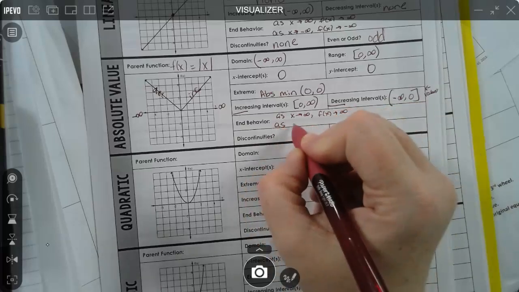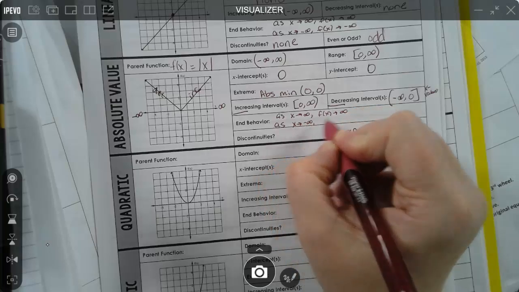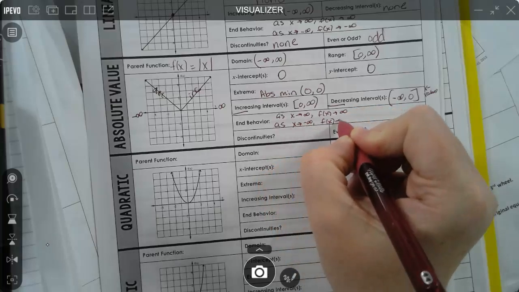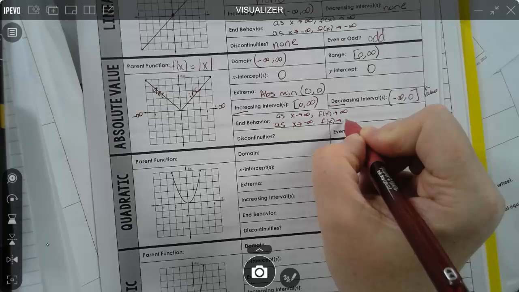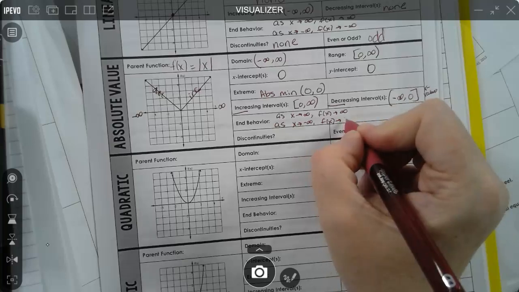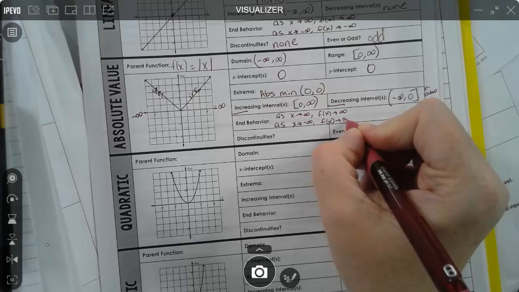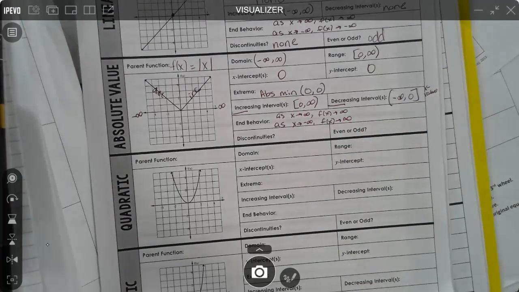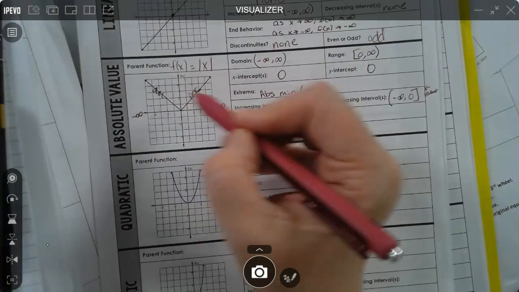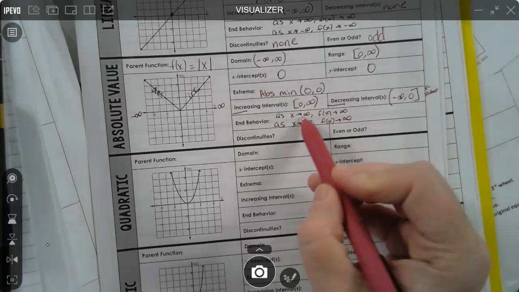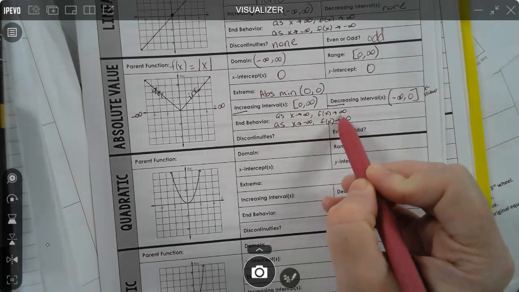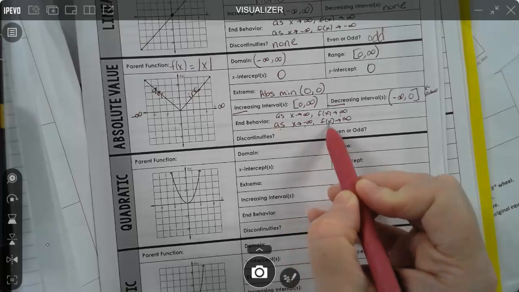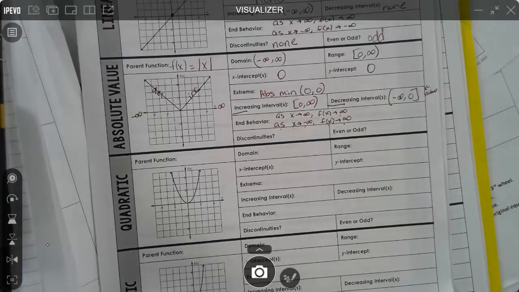As X approaches negative infinity, f of X approaches what? Oh, we said the same as the other, but it's not the same as the other. Both ends go up on this one, right? The left side goes up and the right side goes up. So as I look at the right side, the graph goes up. As I look at the left side, the graph goes up. Right. Both ends go up.